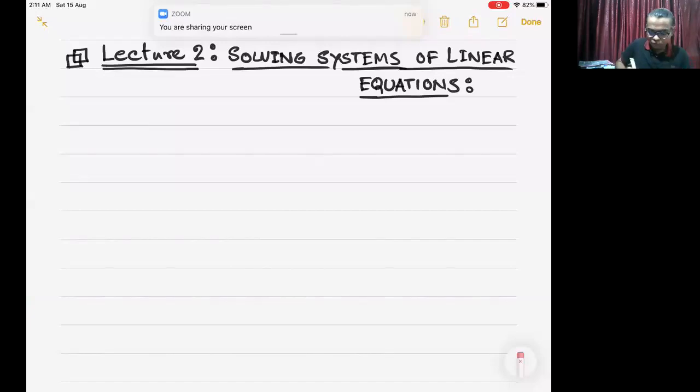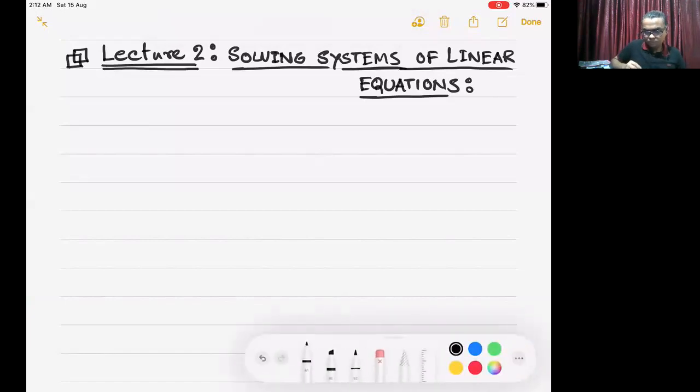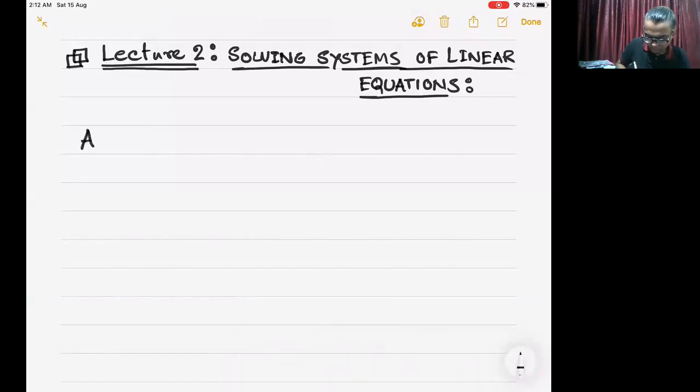Okay, so let me jog your memory. We are looking at equations of the type AX equal to B, which is what we would like to solve.